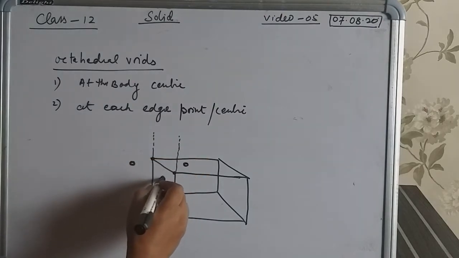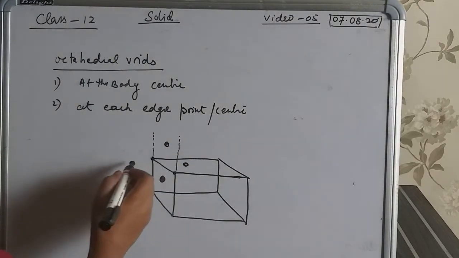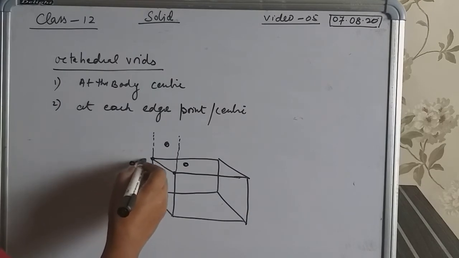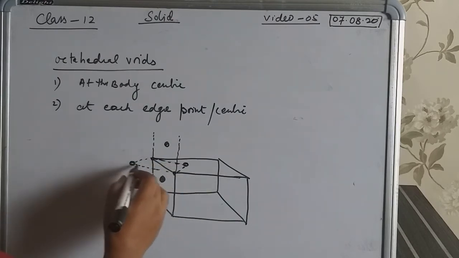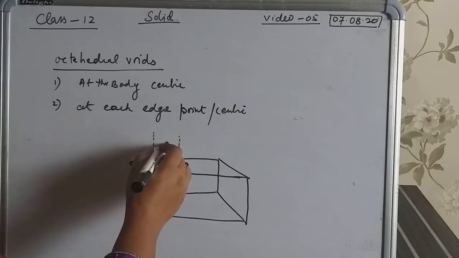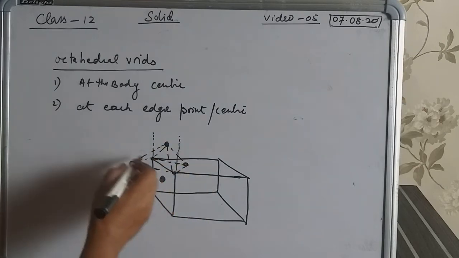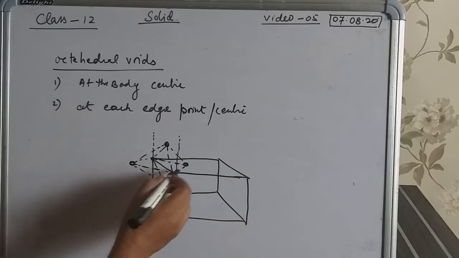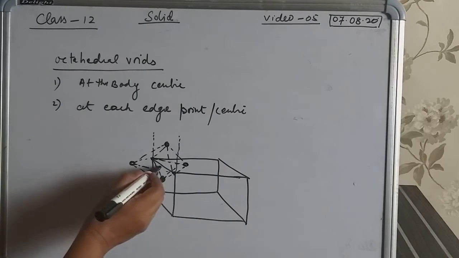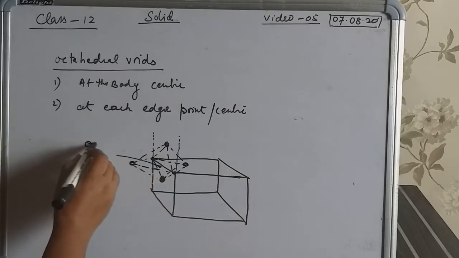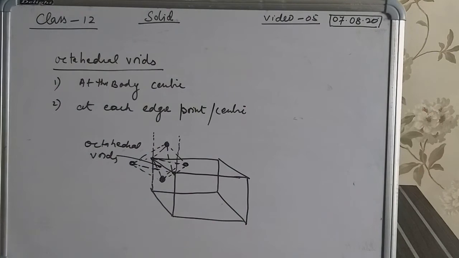So at first we prepare by showing this form a base and this connected like this, and this again, so there is a formation of octahedral voids present. Octahedral voids form.